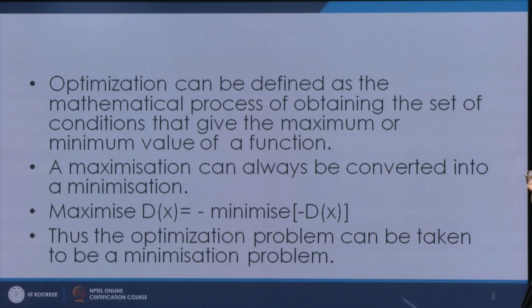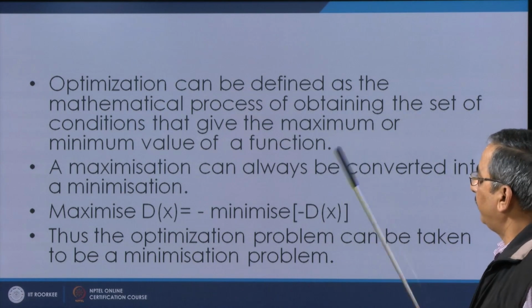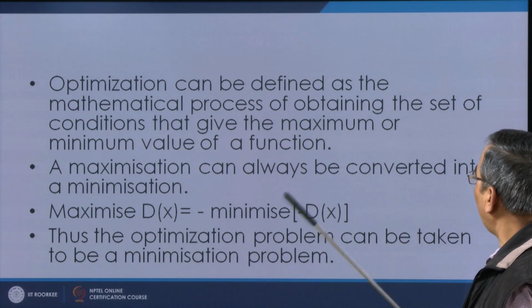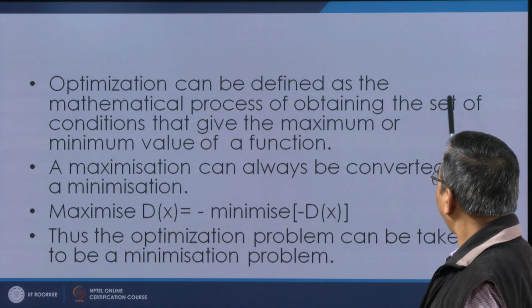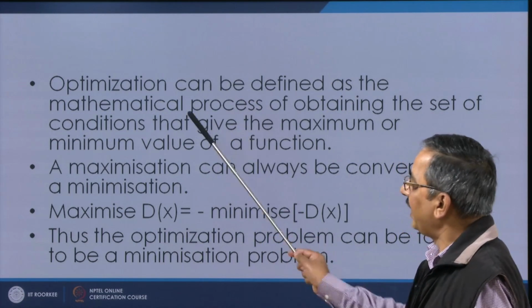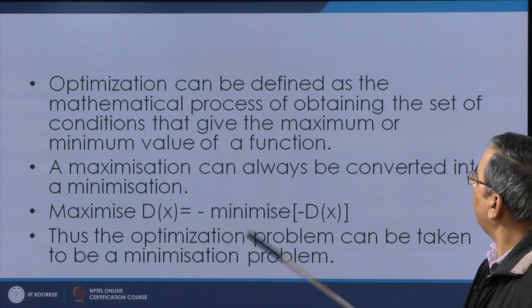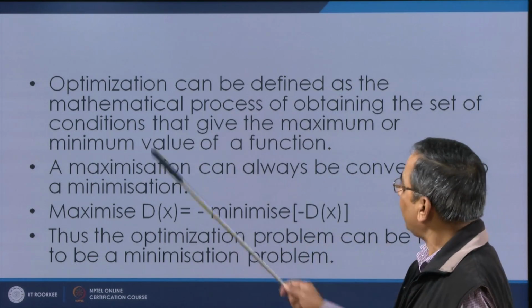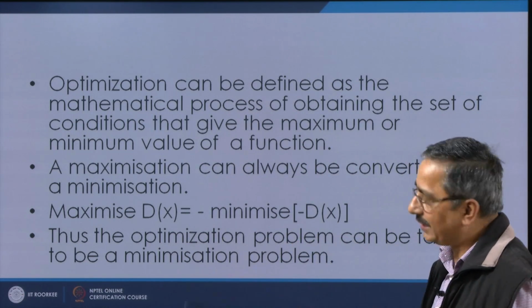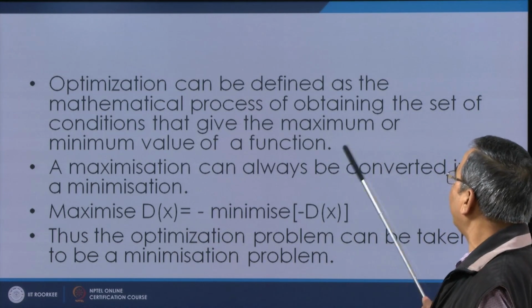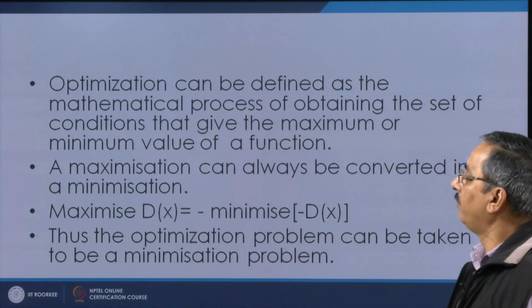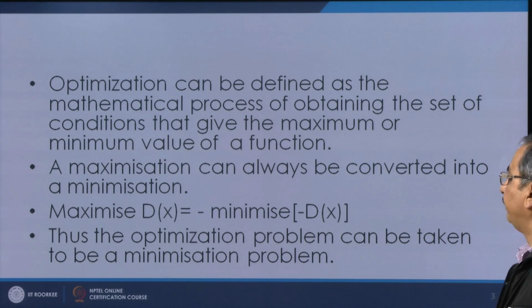Here, the thing you need to note is obtaining the set of conditions. The optimization process is basically getting these sets of conditions, and they result in the maximum or minimum value of a function.